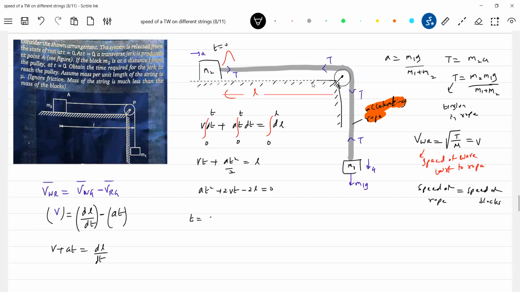T is equal to minus 2V plus or minus the square root of B square minus 4AC, which should be 8AL, by 2A. I should take the positive value, no? Okay, positive value. It will come like this.